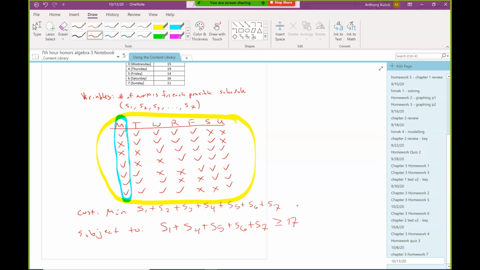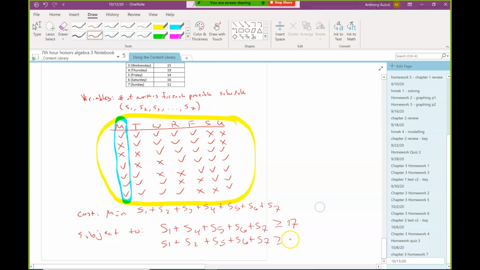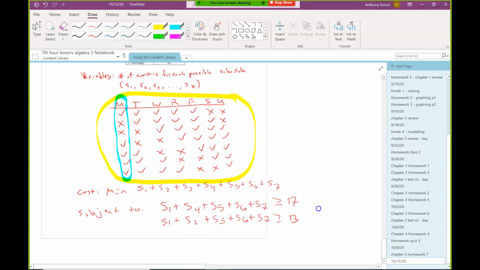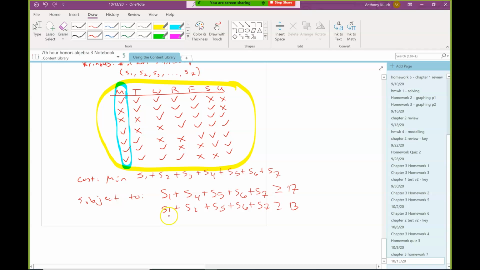Okay. So let's do the same thing now for Tuesday. What would be the Tuesday constraint? What is the number? 13. Everybody okay there? Okay. How about the Wednesday constraint? Okay.